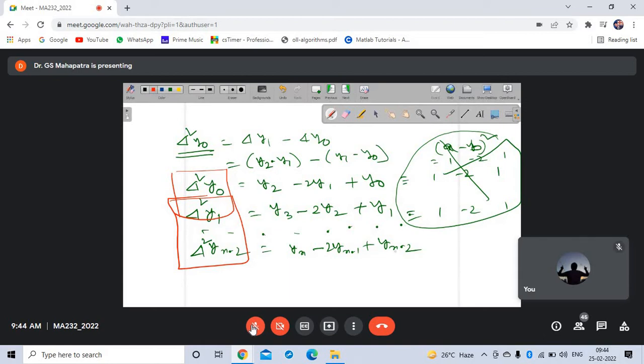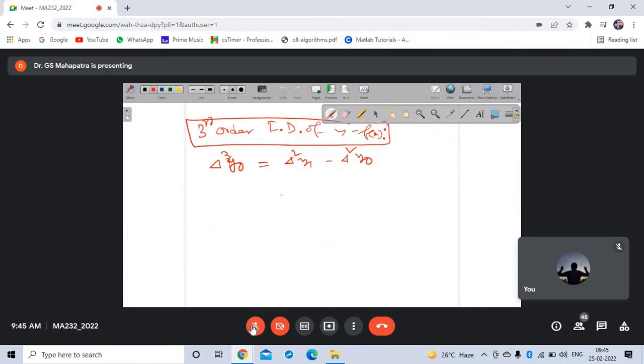So del 2y1 minus del 2y0 is the del 3y0. So you have to just tell me this one. In the next page I will write. So the answer for this one, next one, tell me the answer. This one minus this one.